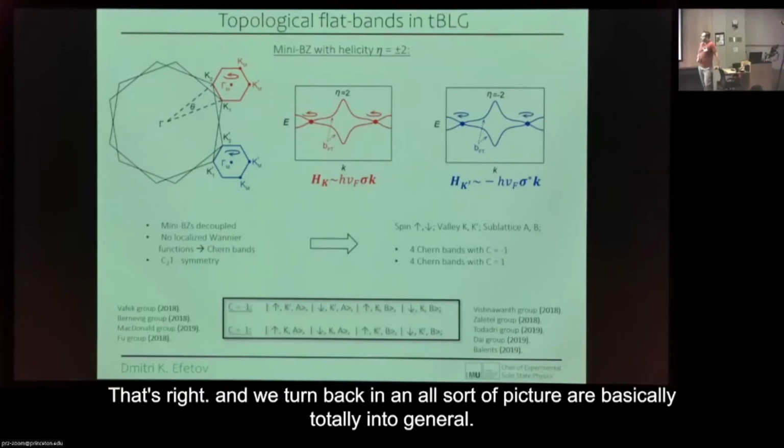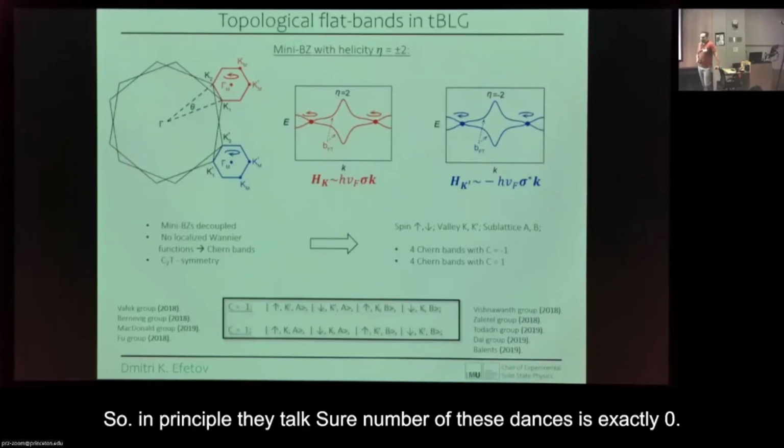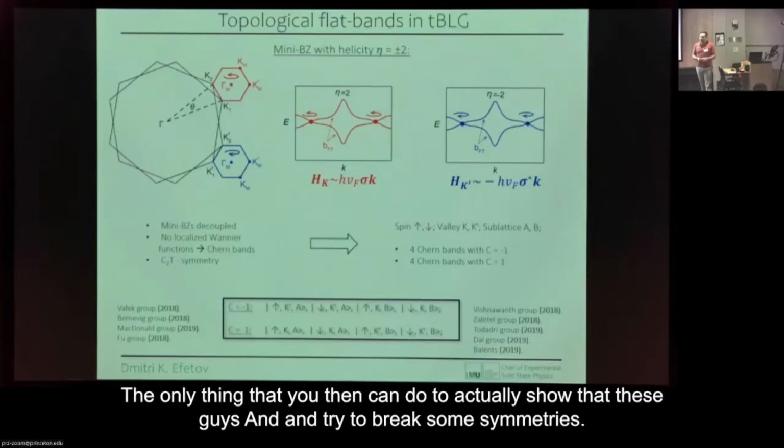And these Chern bands in the single particle picture are basically totally degenerate. So in principle, the total Chern number of these bands is exactly 0. The only thing that you then can do to actually show that these bands exist is to try to break some symmetries.